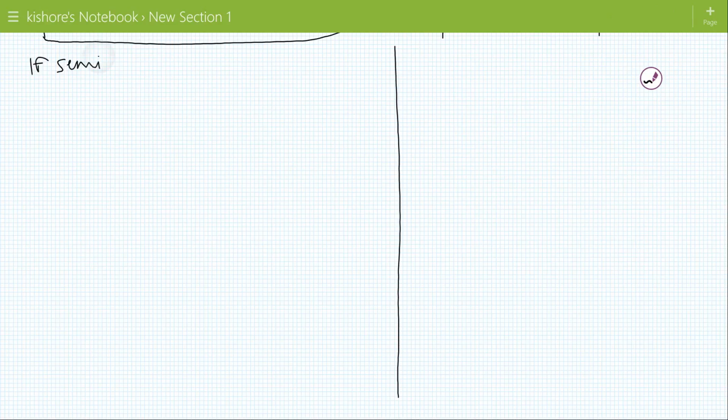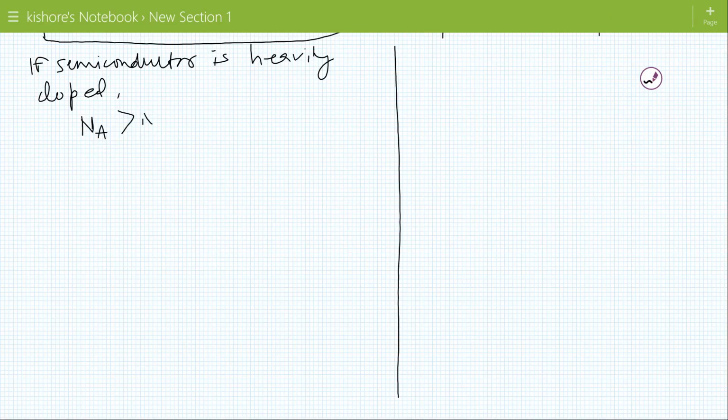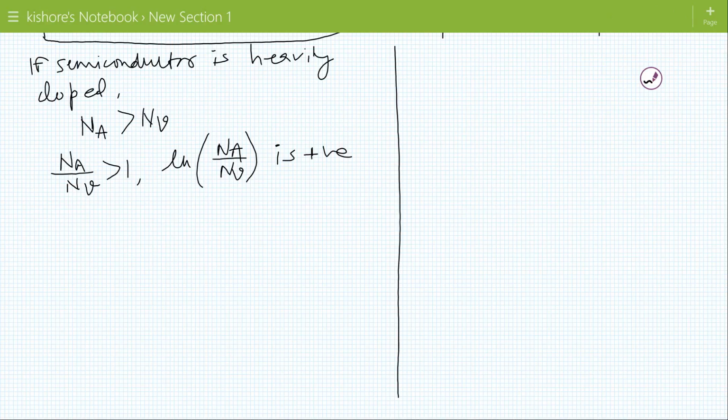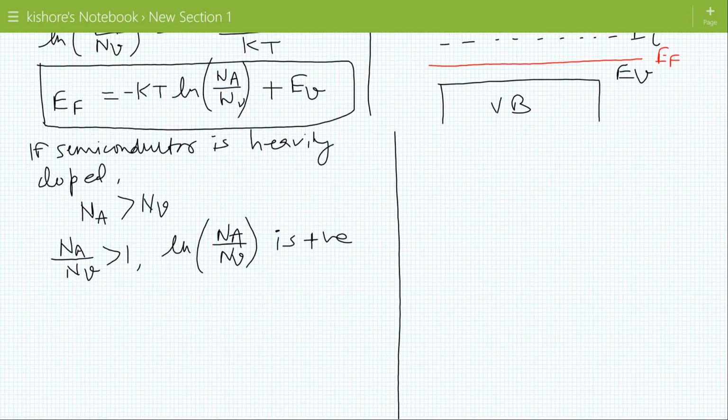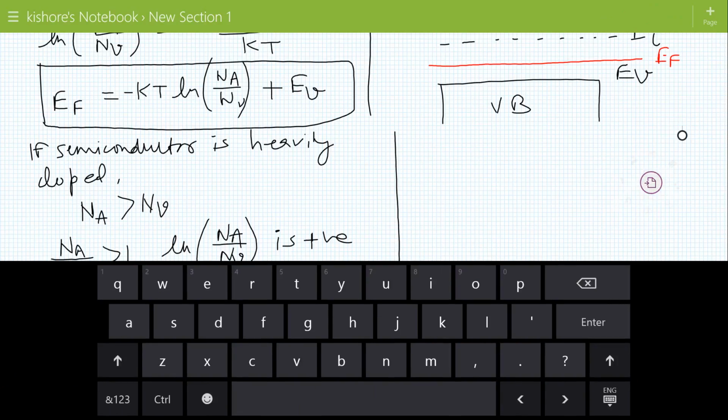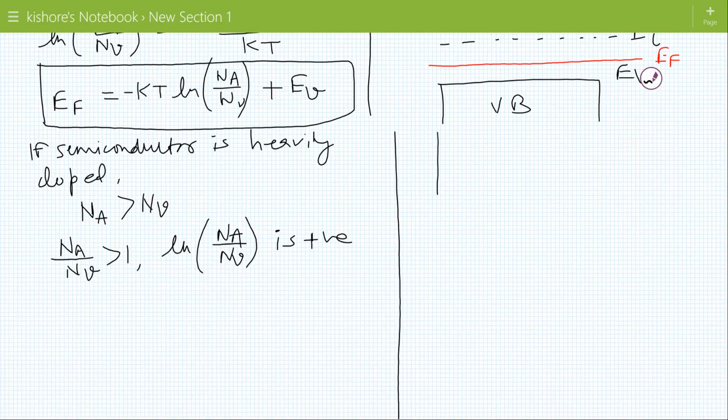Now if the p-type semiconductor is heavily doped, the acceptor impurity concentration is large as compared to Nv. So Na by Nv is greater than 1, or the natural log of Na by Nv is positive. So this will make Ef less than Ev.